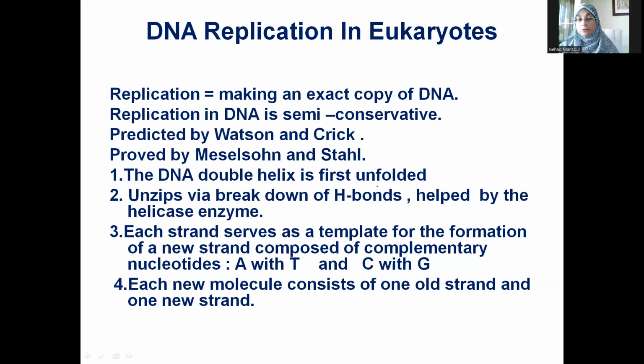So first of all, as we told you, we have to unfold the two strands. And then when you have an unfolded part, you still have the hydrogen bonds in between. So you have to use an enzyme that is called a helicase enzyme, because it's actually the one that helps unfolding. At the same time, the helicase walks on the two DNA strands that are bonded by hydrogen bonds and that look like a ladder.